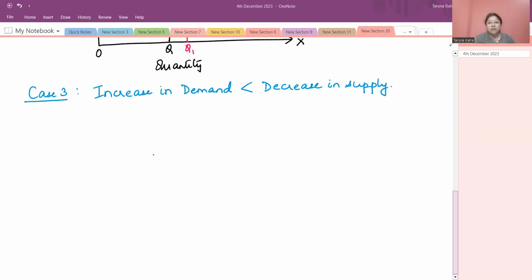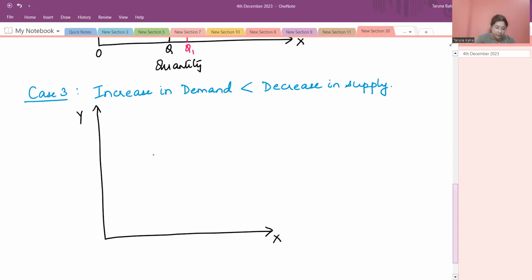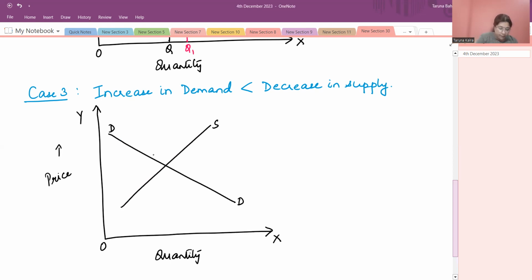Now let's discuss the third case. In the third case, the increase in demand is less than the decrease in supply. Now we will see how the graph will be drawn and what the resultant effect will be on equilibrium price and equilibrium quantity. So on the y-axis again we are going to show the price of the goods, and on the x-axis quantity. The demand curve and the supply curve intersect at point E, which is the point of equilibrium.